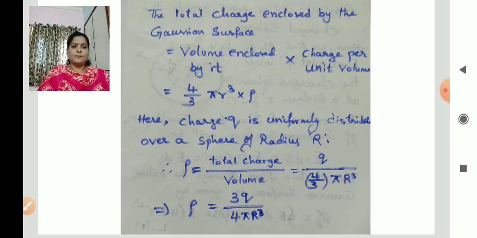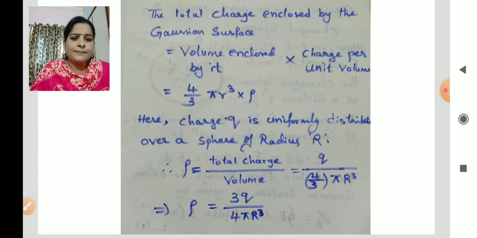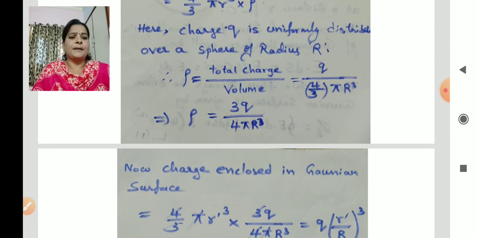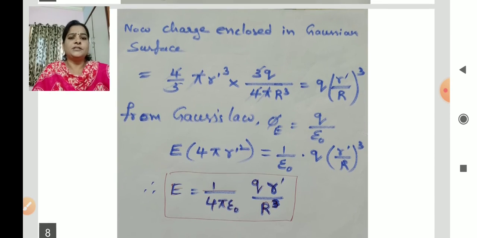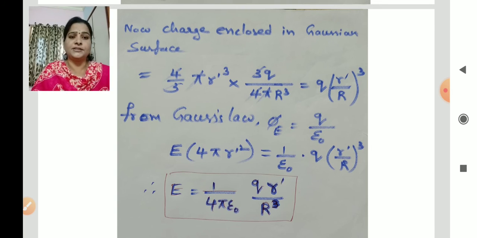Charge by volume is nothing but the volume charge density, that I have shown here. And the rho can be calculated as 3Q by 4 pi capital R cube, where R is the radius of the charged sphere.